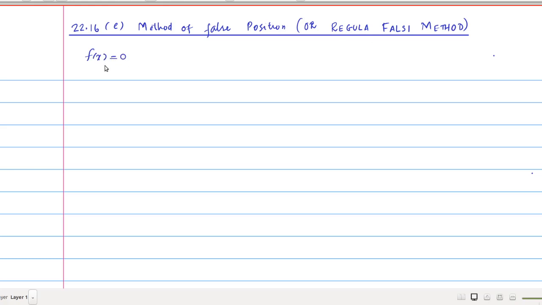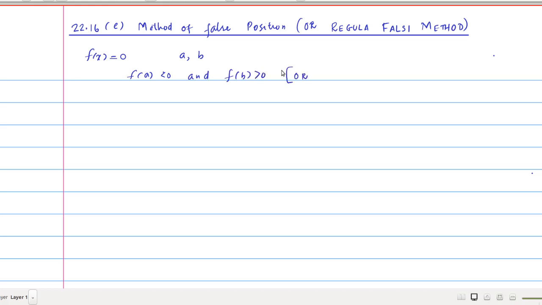First of all, we have to find two consecutive integers a and b such that f of a is less than 0 and f of b is greater than 0, or vice versa.